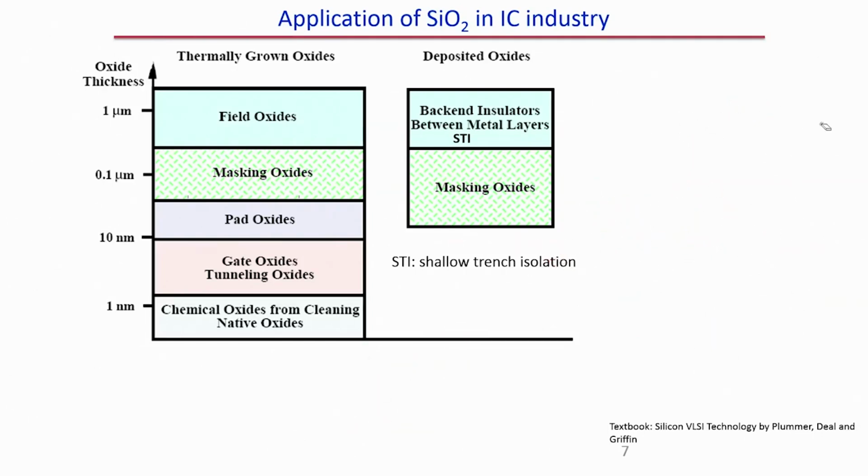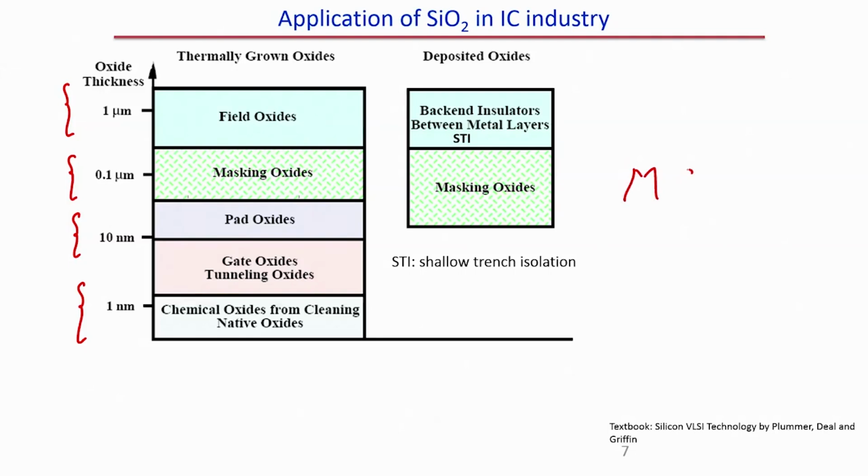Now, let us see. We have different thicknesses of oxide. We have 1 micron oxide, 0.1 micron oxide, 10 nanometer oxide, 1 nanometer oxide. Okay. If it is 1 micron oxide, then it is used as field oxide.